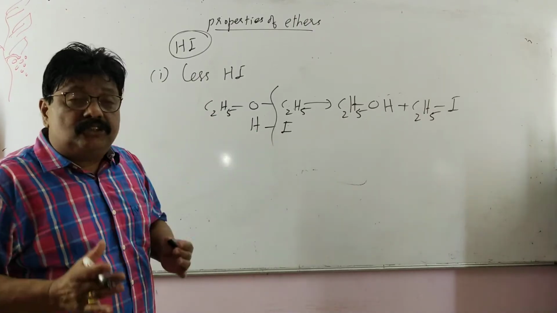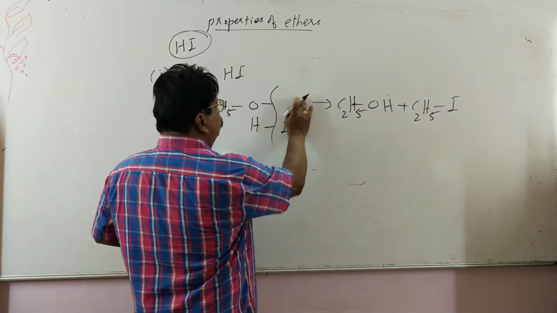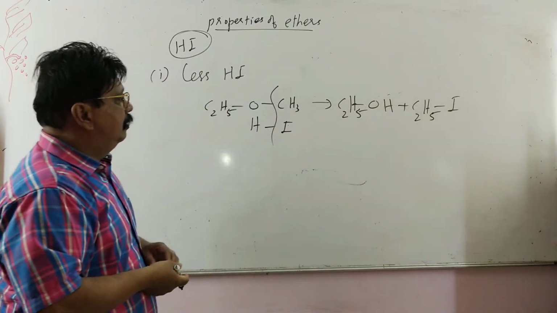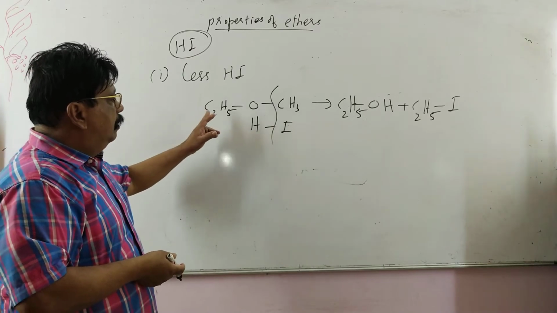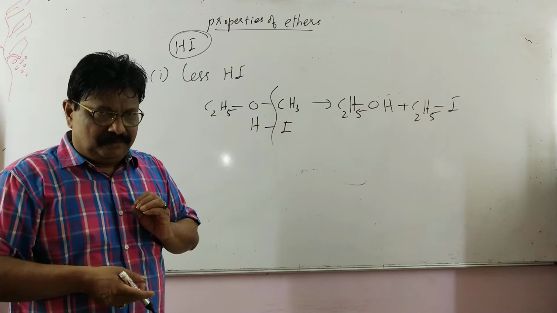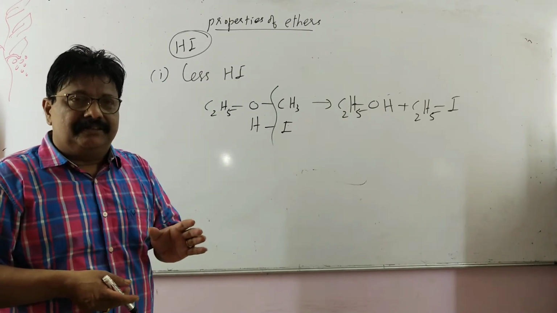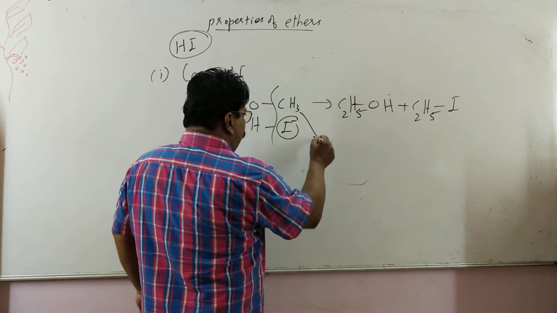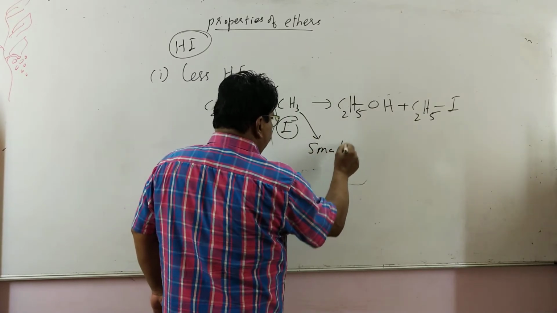Now, in case both the alkyl groups are different, one is an ethyl group and the other is a methyl group, then I minus will go with the smaller alkyl group.